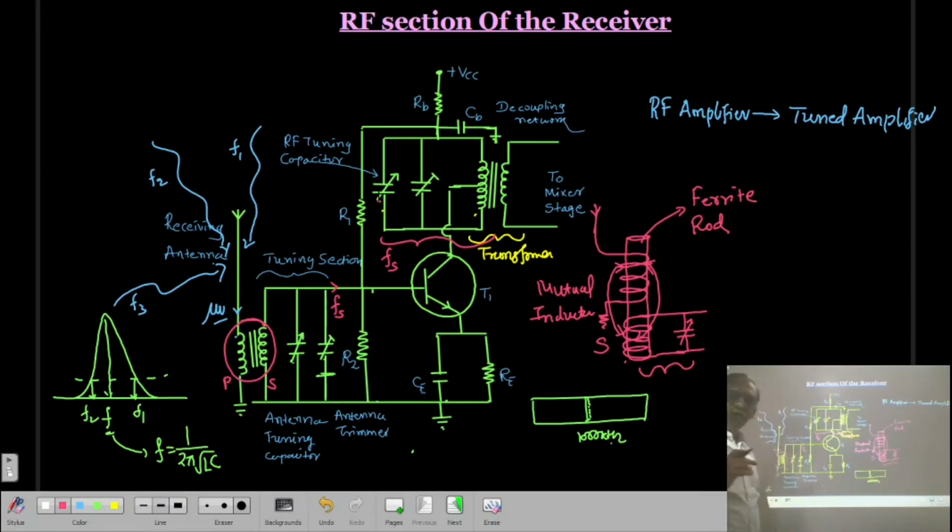So basically, if you have the RF amplifier, then this capacitor and this capacitor, both the capacitors are connected together. So when you change the input capacitor Cs, then this will also change simultaneously, and it is known as a gang capacitor.